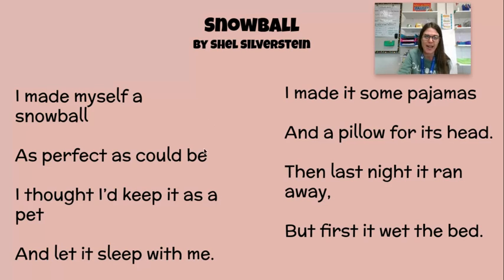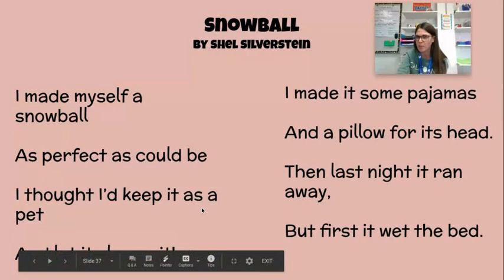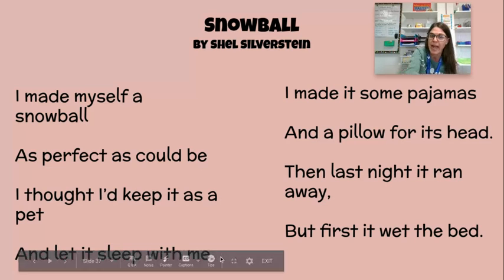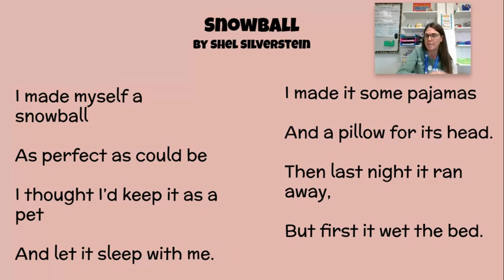So we won't have another A. This line is B. Okay, this doesn't rhyme with anything. So we're going to have to use a third letter. So we would use C. So A, B, C. And then this last line, it rhymes up here. So it would also be B. So this would be A, B, C, B.